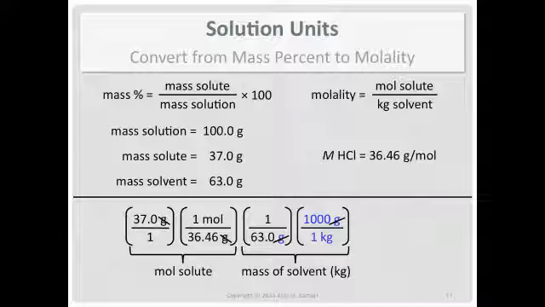And let's see, I think we've got everything. So we have moles of solute divided by kilograms of solvent. How many significant figures in our answer? 3. So we multiply and divide, and we get 16.1 moles per kilogram.